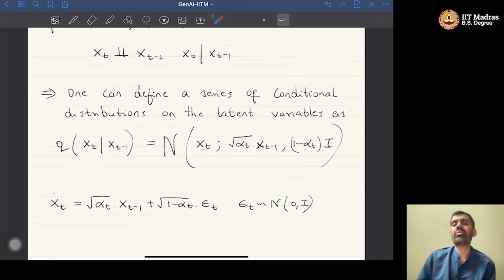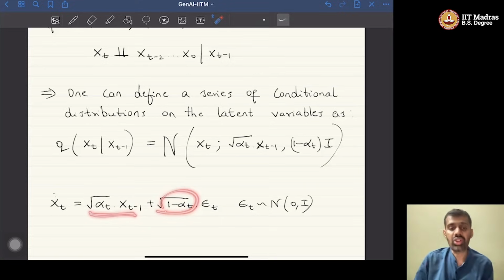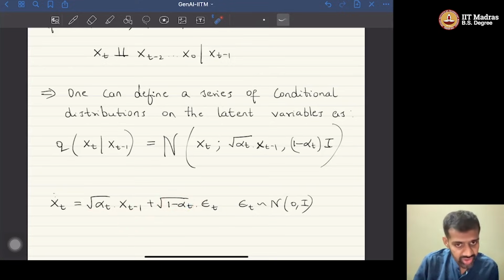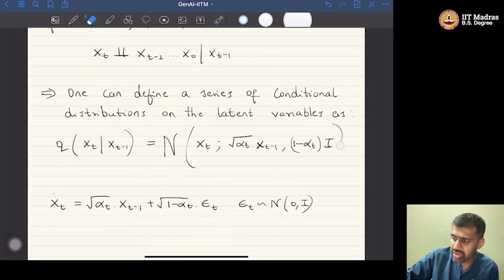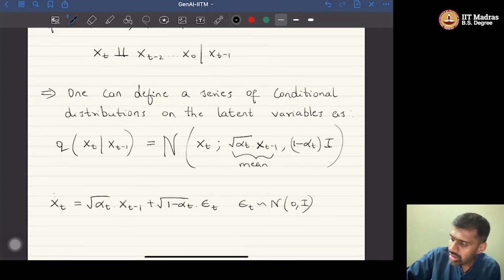If you take a random variable that is Gaussian with zero mean and unit variance, scale it and shift it, we still get a Gaussian distributed random variable with the mean and the variance defined by the scale and the shift. That is exactly what it is. This is the reparameterization that we saw in the context of VAE as well, right? So this is the mean and this is the variance.